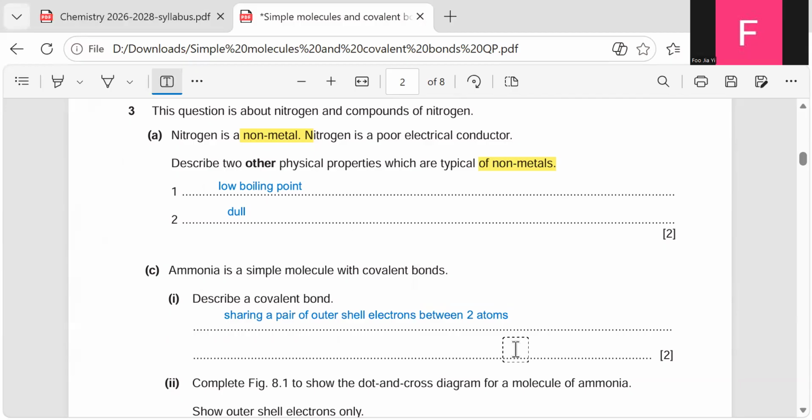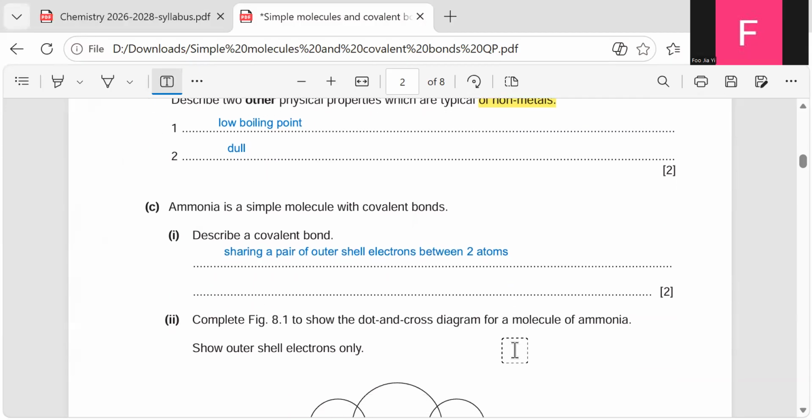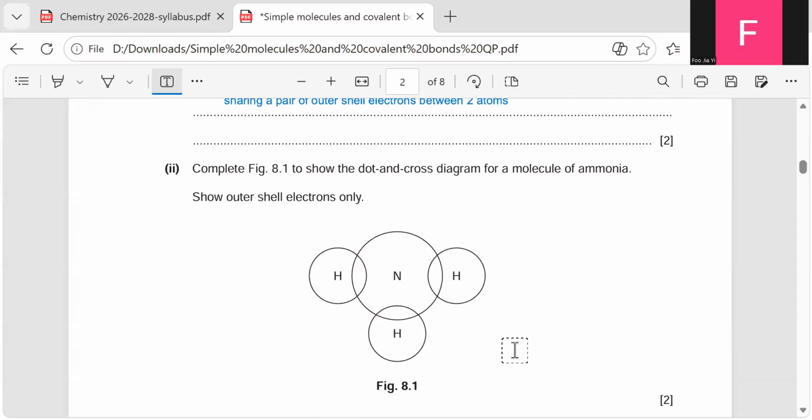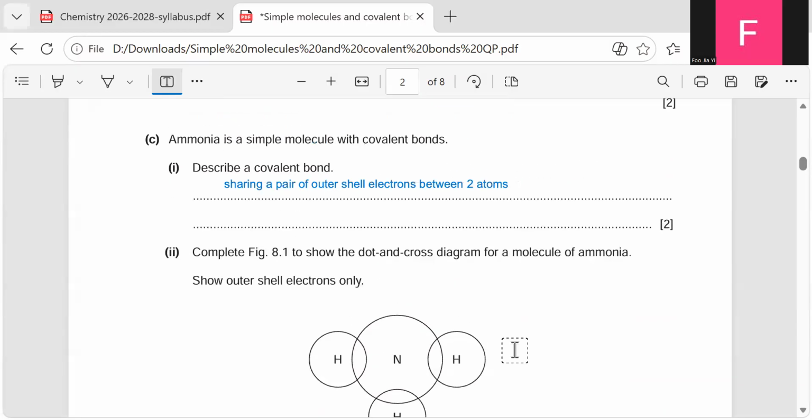That is a covalent bond. Okay, this is the same. Ammonia. No need to do again. Do you understand? Can?